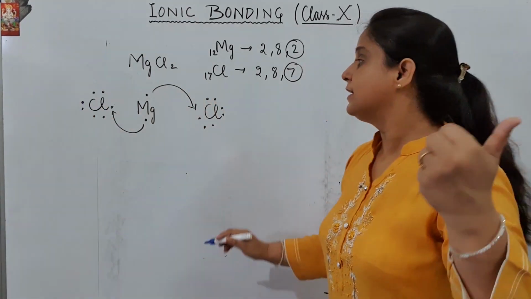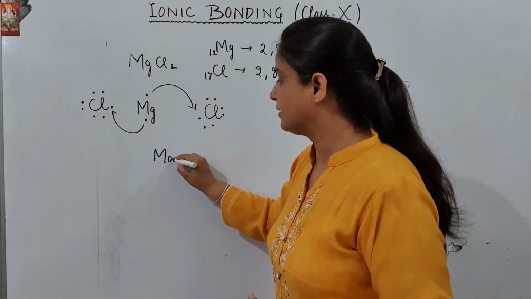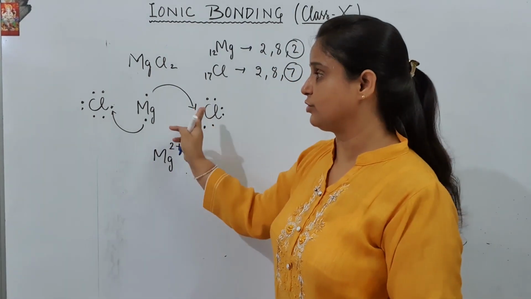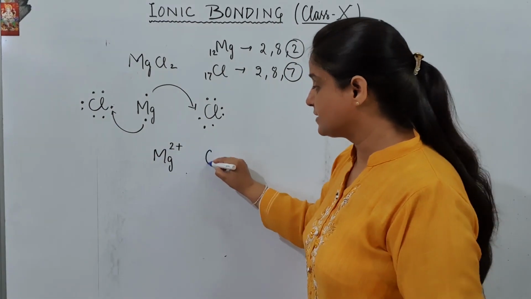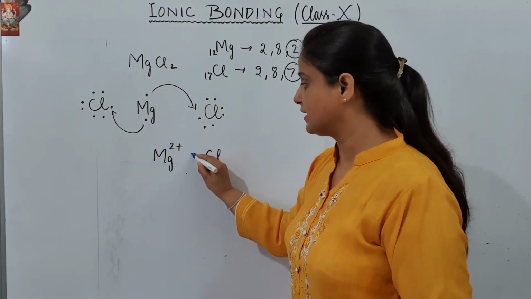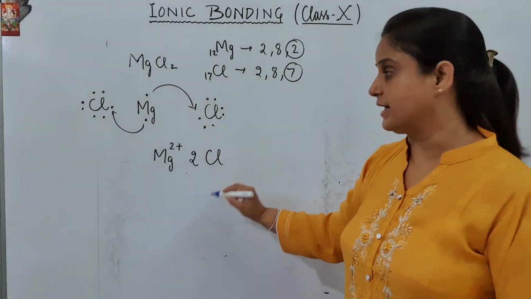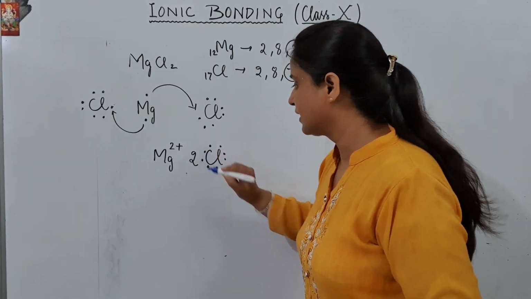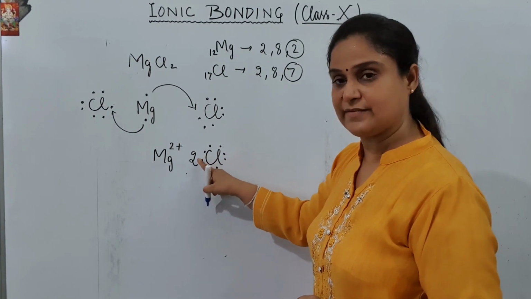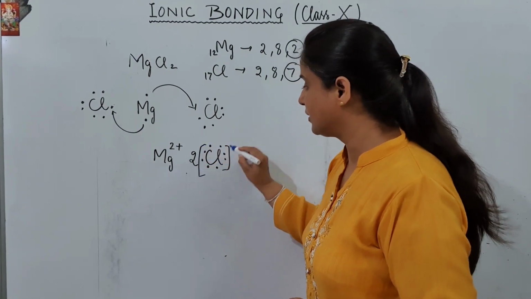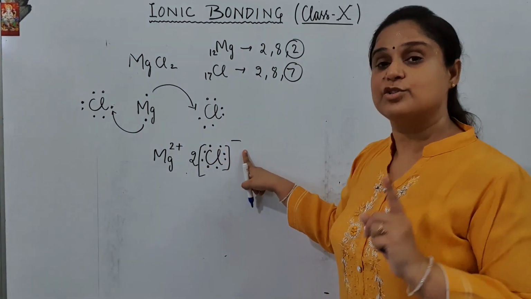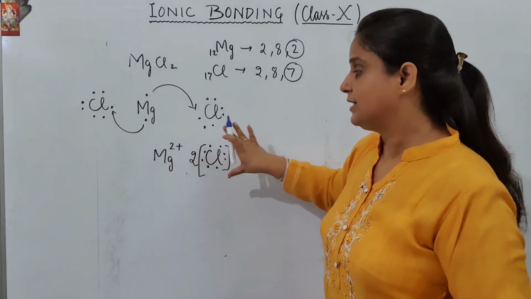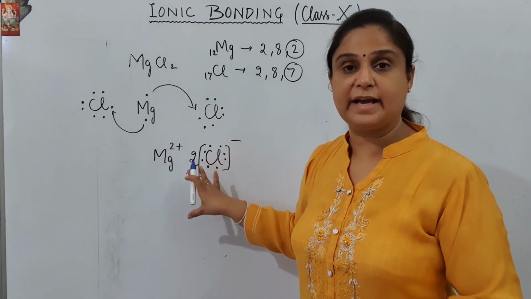So altogether, this magnesium will turn into Mg 2+ by the loss of 2 electrons, 1 to this and 1 to this, and these 2 chlorine atoms will convert into Cl minus ions. 1, 2, 3, 4, 5, 6, 7, 8, and what charge will appear on it? Minus 1. So minus 1 on 1 chlorine, minus 1 on the other chlorine. So there are 2 chloride ions formed here.